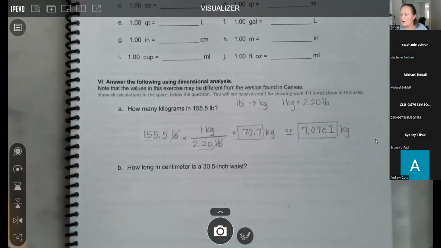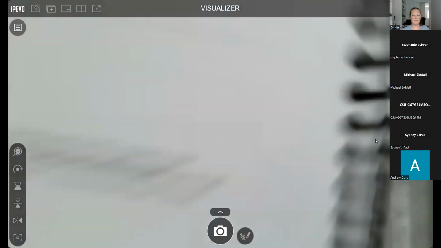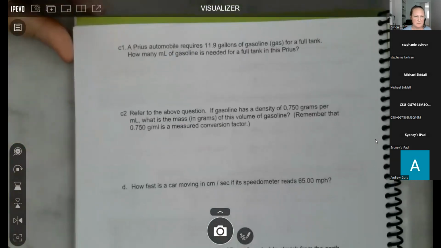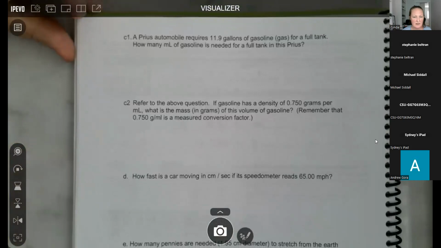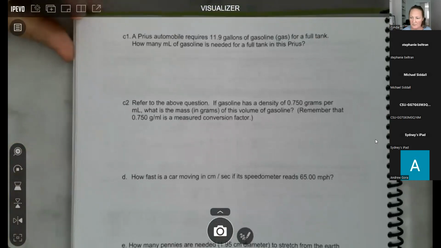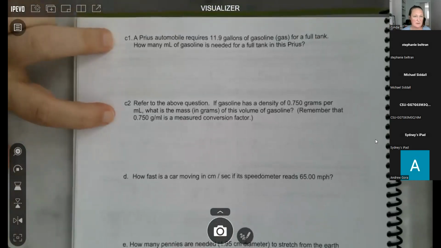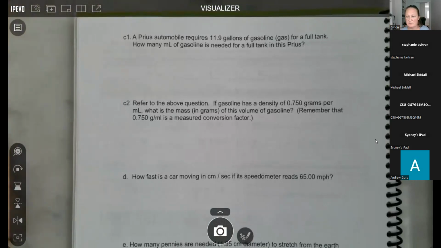Let me see as I look through this, which ones might be harder to do. How are you guys doing so far? All right, any preference whether or not we do C1 or C2?